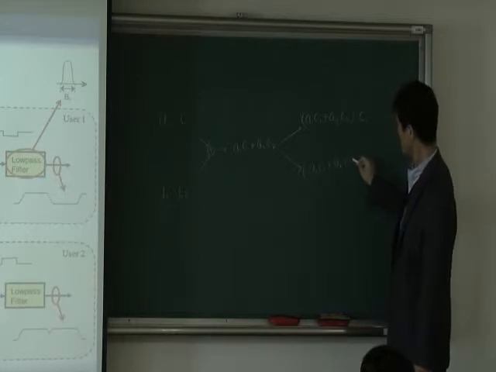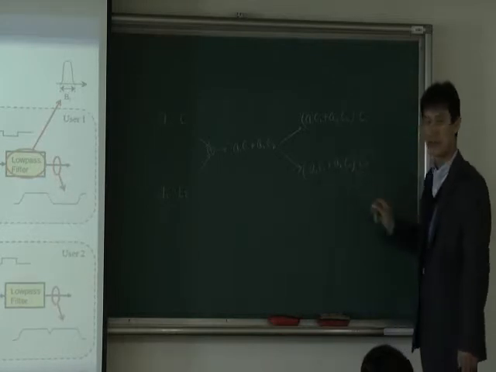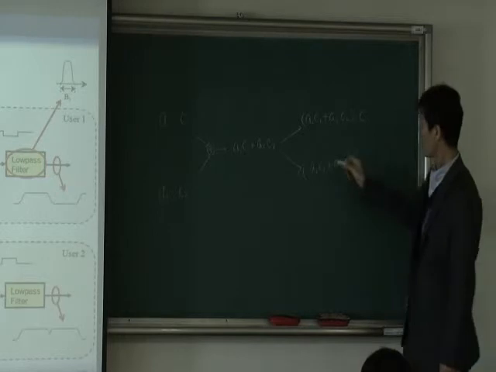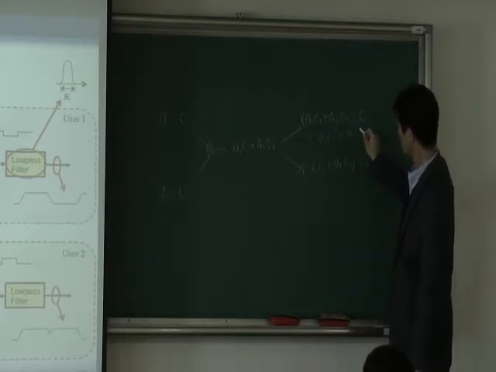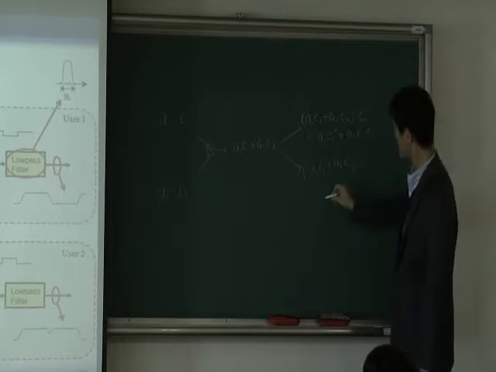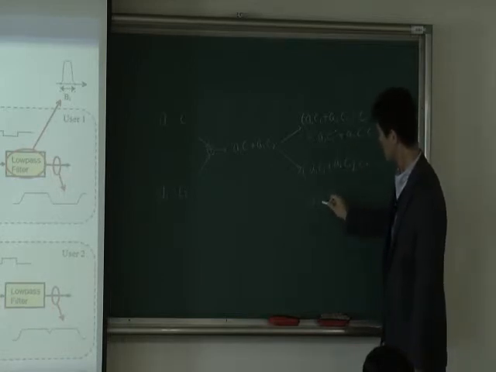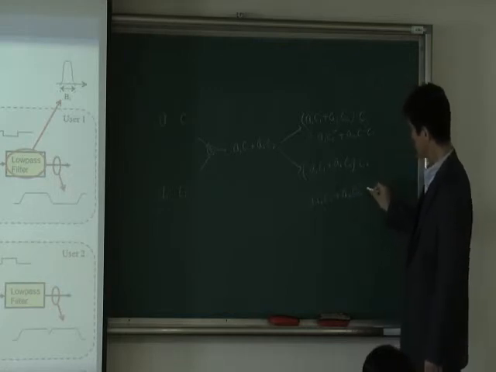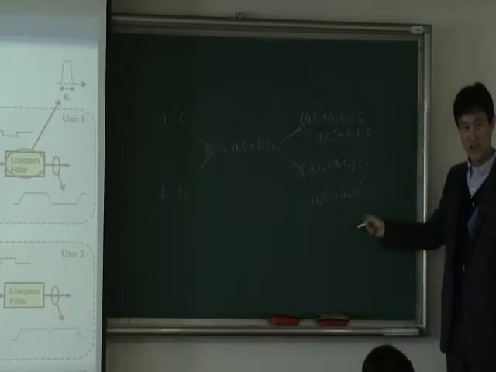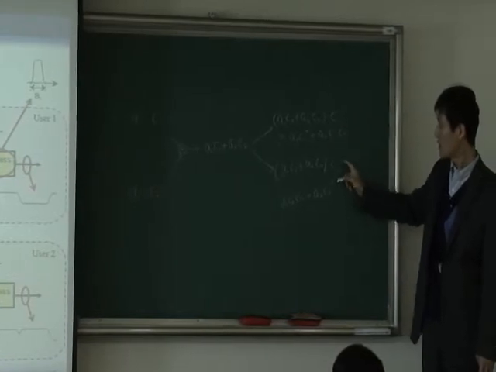Also, from the received signal, you want to multiply user 2's code. Then you get this. After you multiply the code, this is what you get.